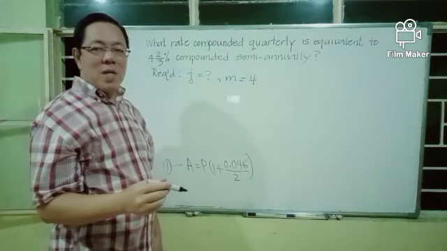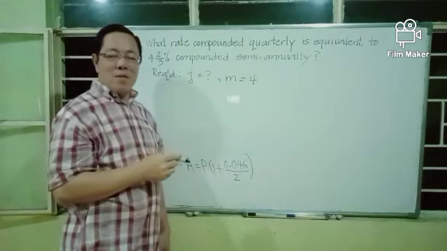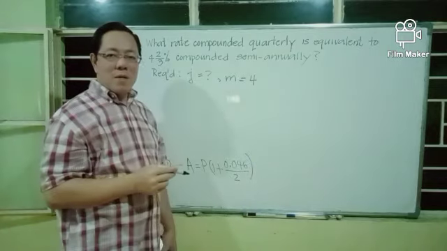Now we write the accumulated value for this unknown compound interest rate compounded quarterly.